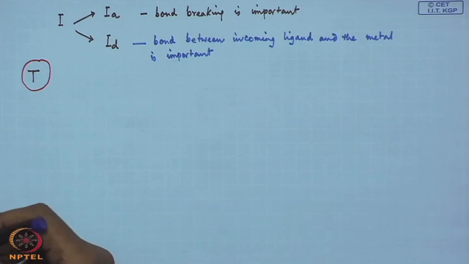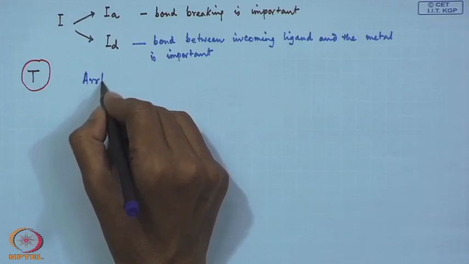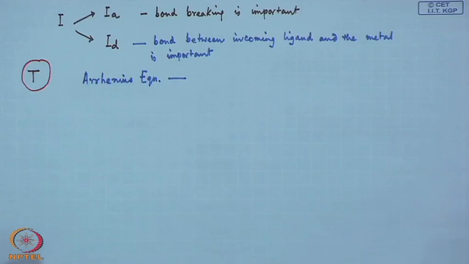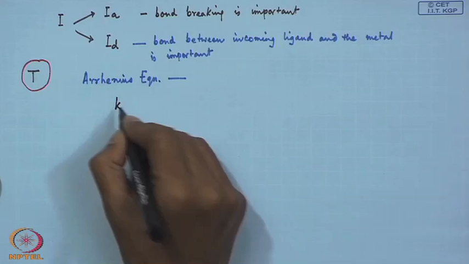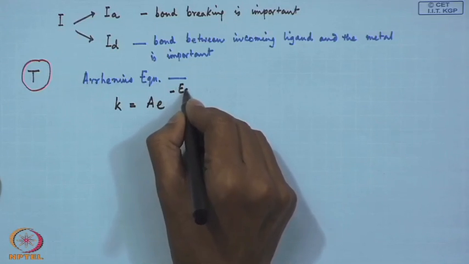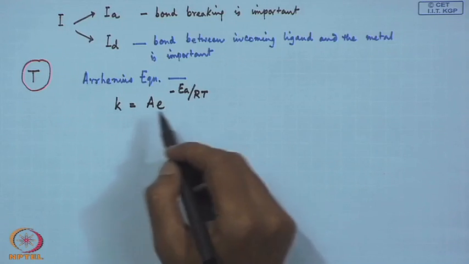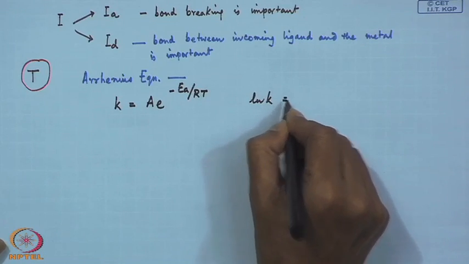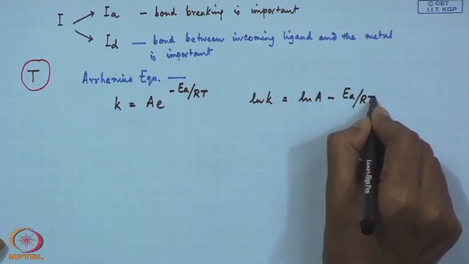Now, if we consider the temperature, we have the Arrhenius equation, where the rate of the reaction K is equal to A e to the power minus EA by RT. EA is the energy of activation, K is the rate of the reaction and A is a constant, or ln K is equal to ln A minus EA by RT.